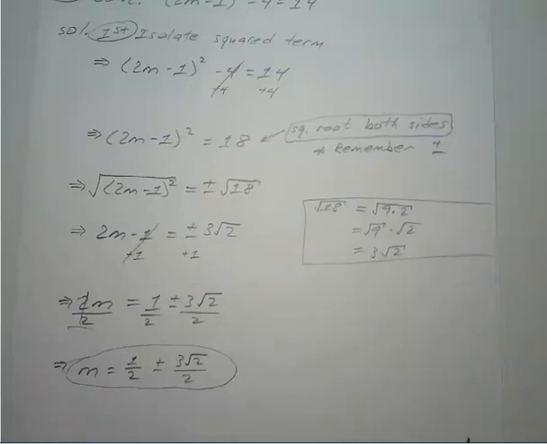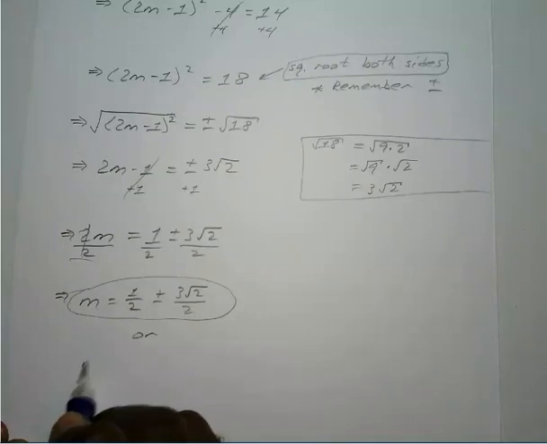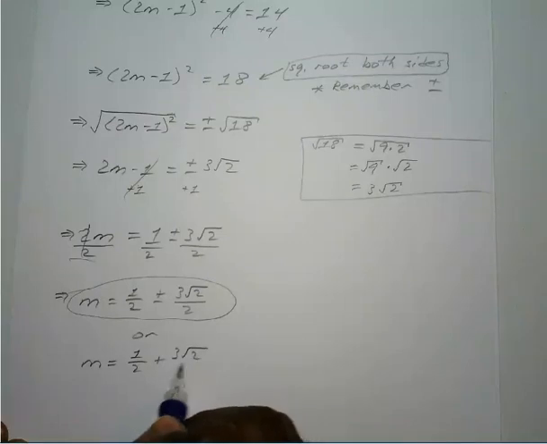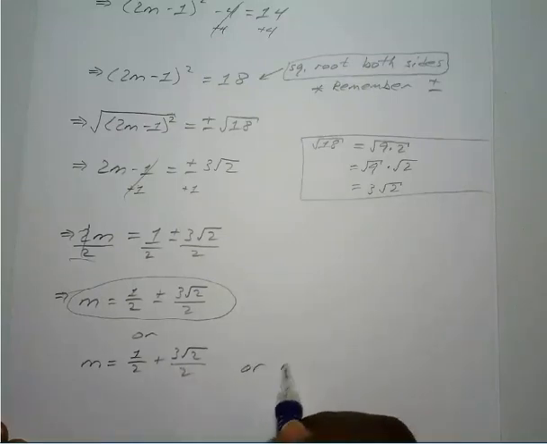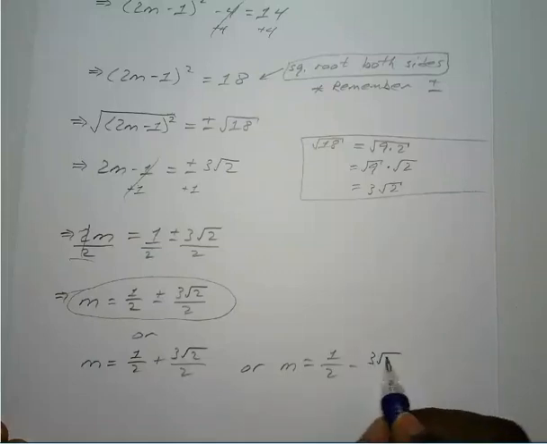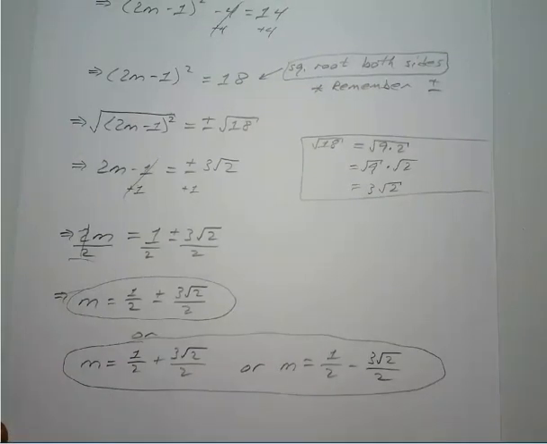Or to write it as two separate solutions, you have m is equal to 1/2 plus 3 square root of 2 over 2, or m is equal to 1/2 minus 3 square root of 2 over 2. Alright, so we're just kind of separating those two answers again. Okay, hopefully this matches up with the answer that you received.